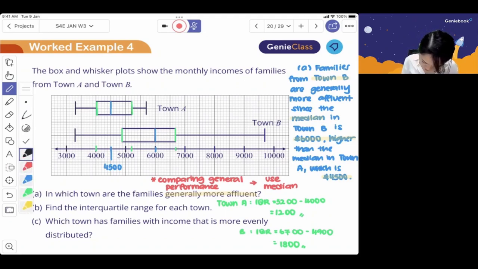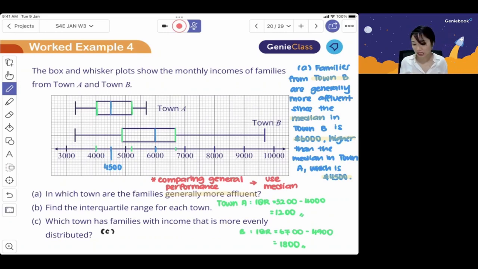Okay, then let's move on to part C. Which town has families with income that are more evenly distributed? This time they are asking about the distribution of data, comparing distribution, or spread.